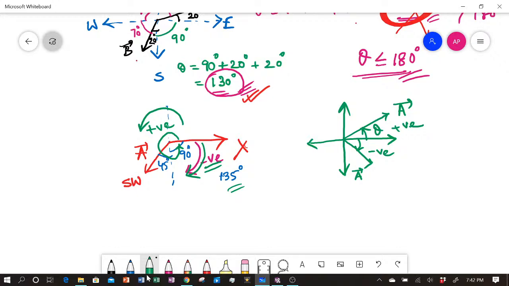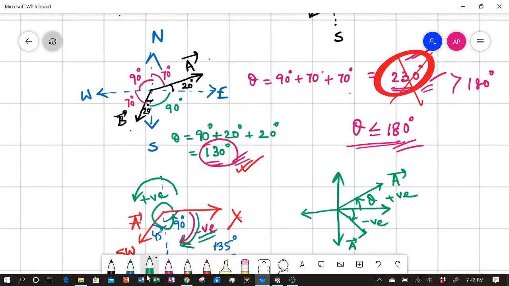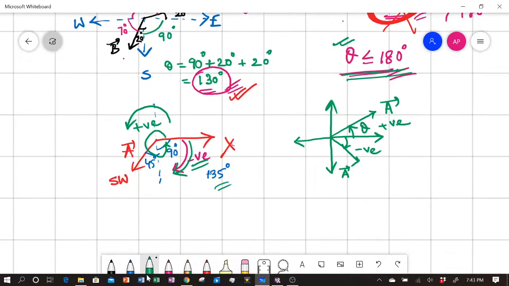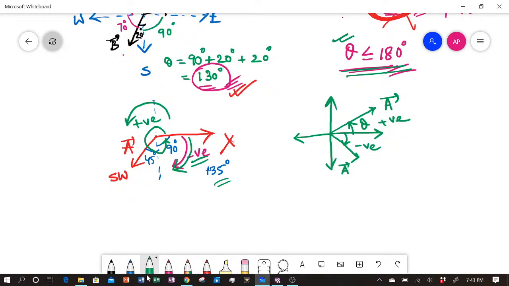If you are asked to calculate the angle between two vectors, then you should take the minimum value, that is our theta. The angle between the two vectors should be less than or equal to 180 degrees. But if you are asked to calculate the angle of a vector, that is, the angle subtended by a vector from a specific axis, then you have to take the positive angle, that is in the anti-clockwise direction.